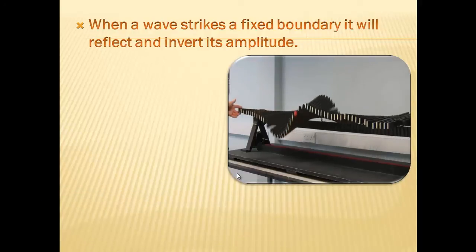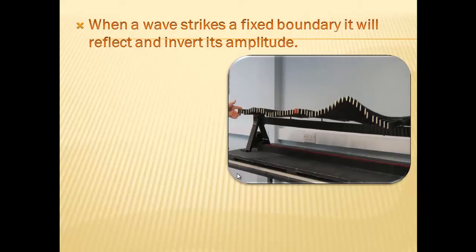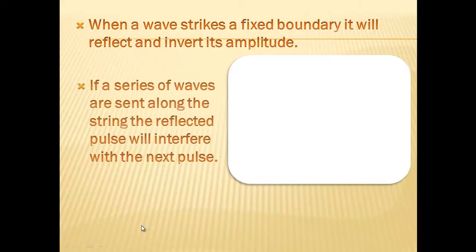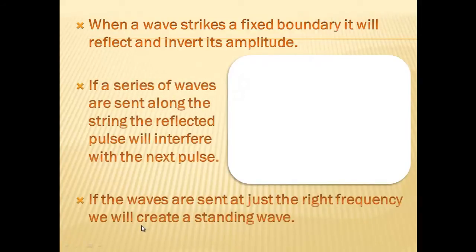So when a wave reflects off something, as I said before, like a wall, or maybe a medium, what's going to happen is that amplitude is going to invert. So when we're dealing with a bunch of different wavefronts, if there is a reflected component of that wave, it's going to start to cause interference with the wave coming towards it. And depending on which way it's being inverted, it could cause destructive interference, or it could cause constructive interference.